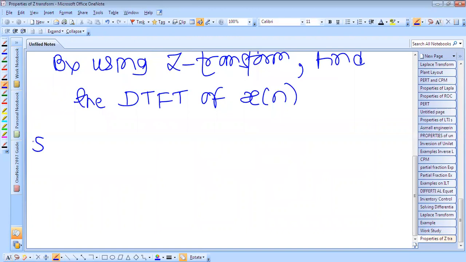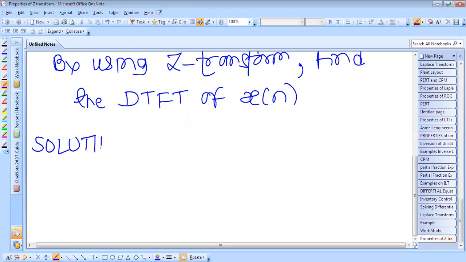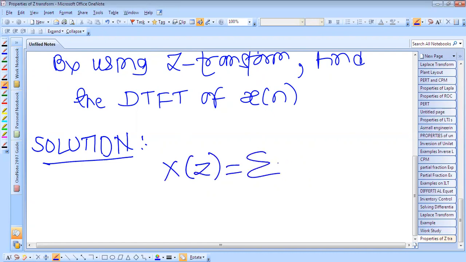For this, we have to use this equation: X of z is equal to summation n equal to -infinity to infinity x of n into z raised to power -n. So we can find the discrete time Fourier transform of the given function.